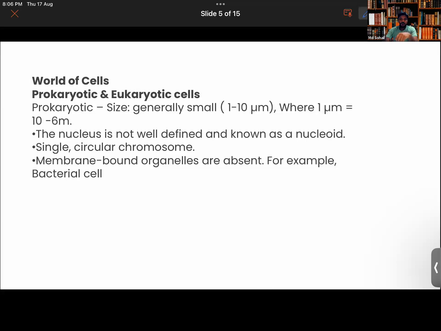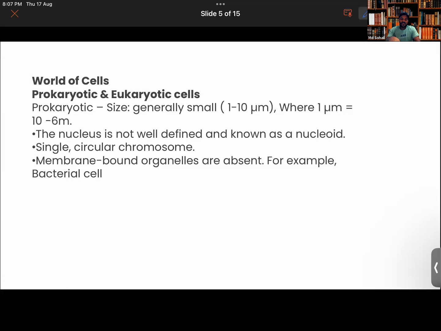Because of the change in environment and climate, not necessarily, but that must have been the triggering factor. Cells basically evolved. They went through the process of mutation. They adapted to the changes, and they have evolved.